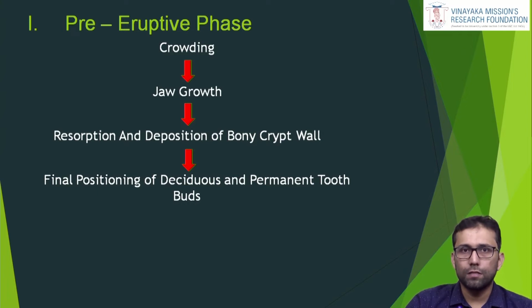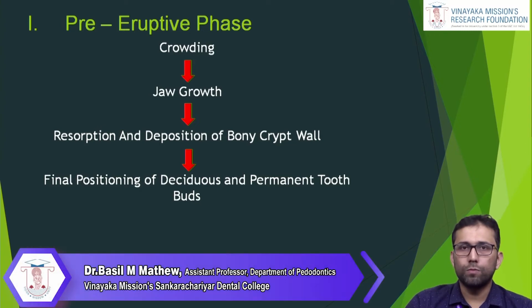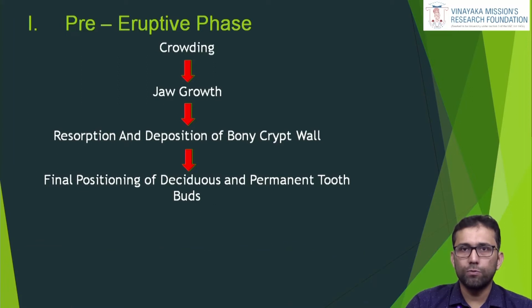And if there is resorption on the occlusal surface and deposition on the gingival surface, the tooth bud will move occlusally. Then there is the final positioning of the deciduous or permanent tooth bud after this pre-eruptive movement, and that is the position from which the tooth will start its movement axially. So the tooth is still in that crypt position where its initiation happened.